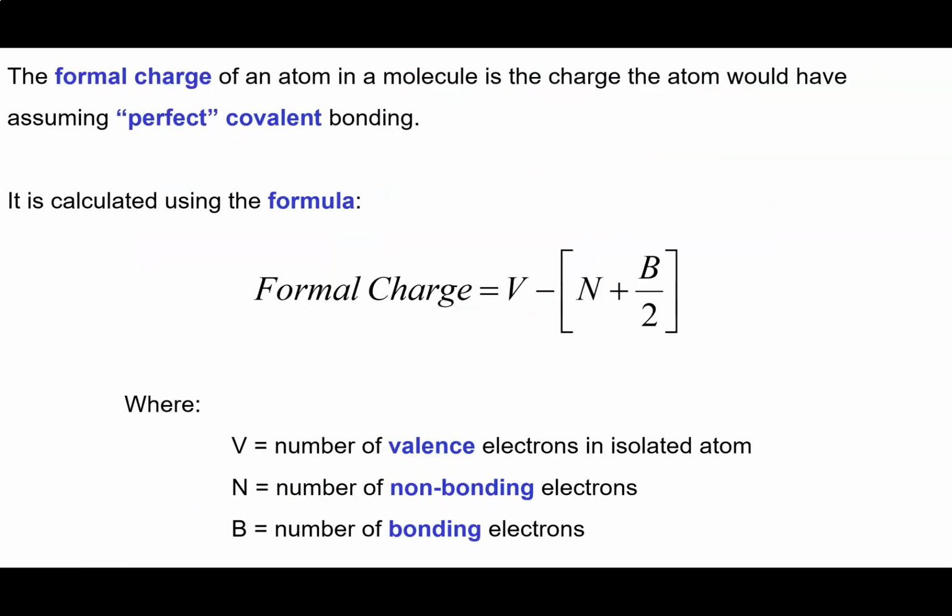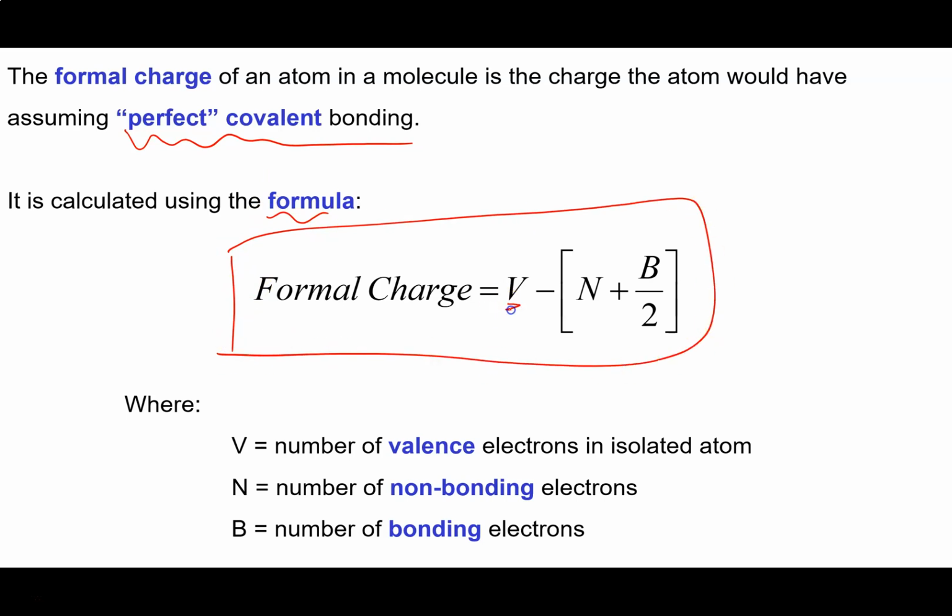The formal charge of an atom in a molecule is the charge the atom would have assuming perfect covalent bonding, that is, that the electrons were being shared exactly equally. You can calculate it using this formula: the formal charge is the number of valence electrons on the atom minus the number of non-bonding electrons plus the number of bonding electrons over 2. But keep in mind that your number of valence electrons is just your group number.